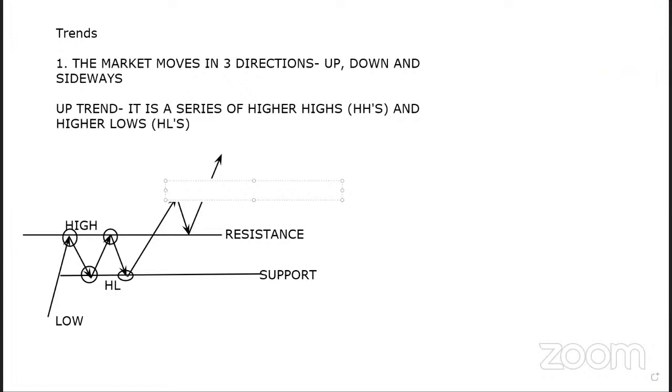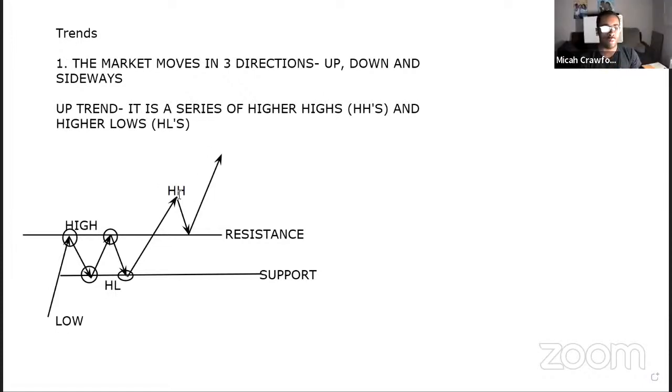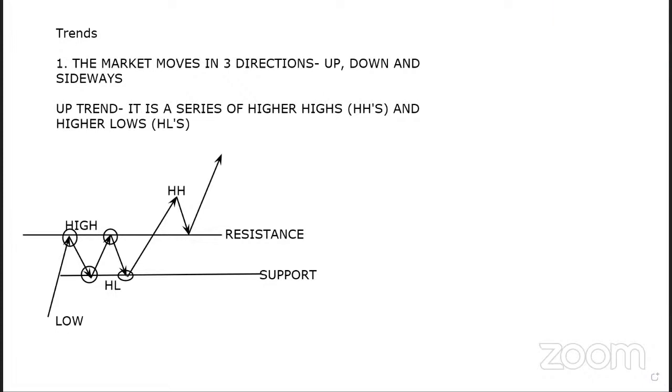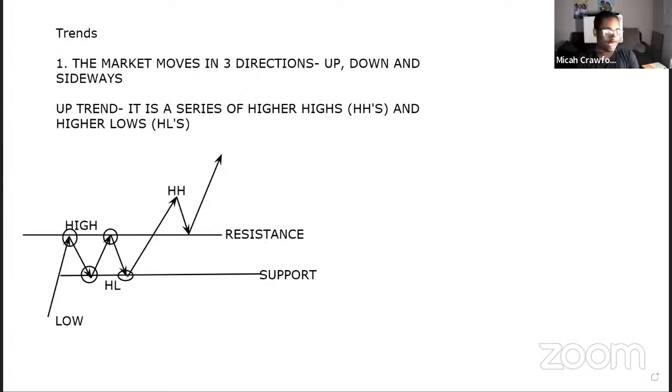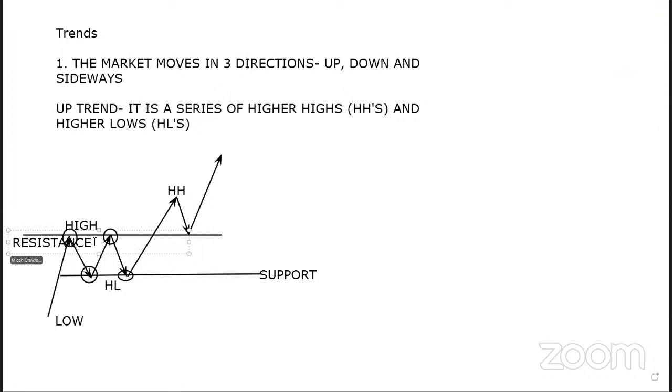Higher high. Very good. After the higher high has formed, the market is going to pull back and retest what? The resistance. Very good. So it's going to retest resistance as new what?